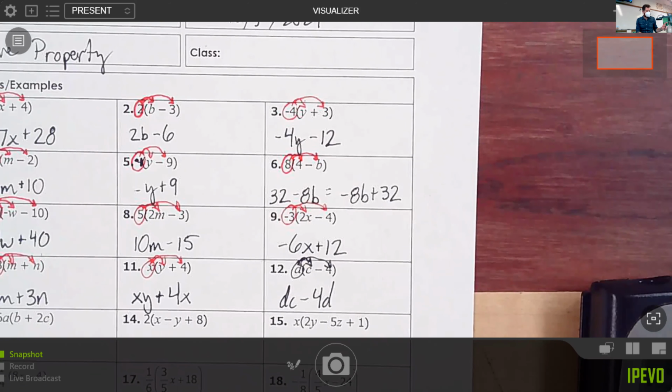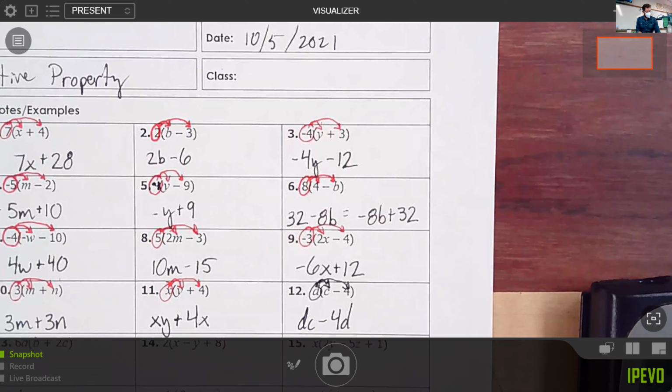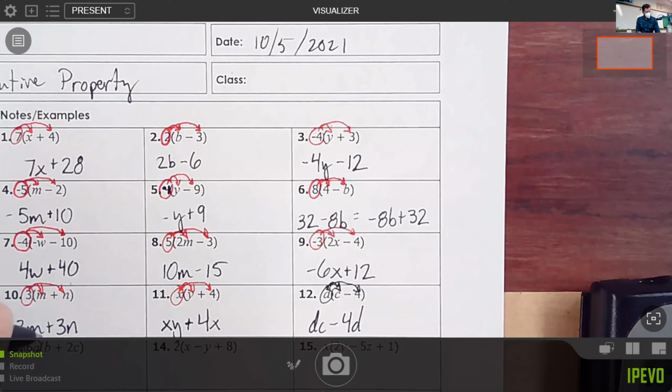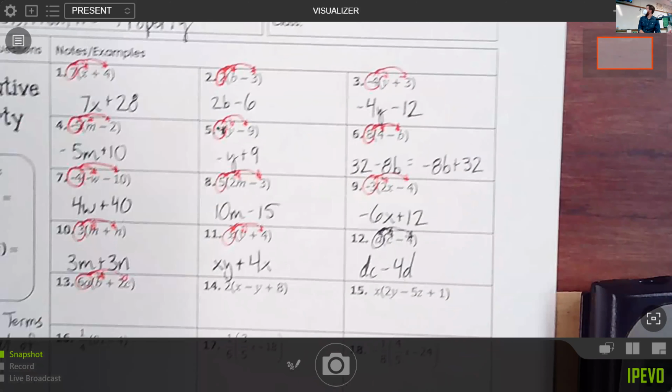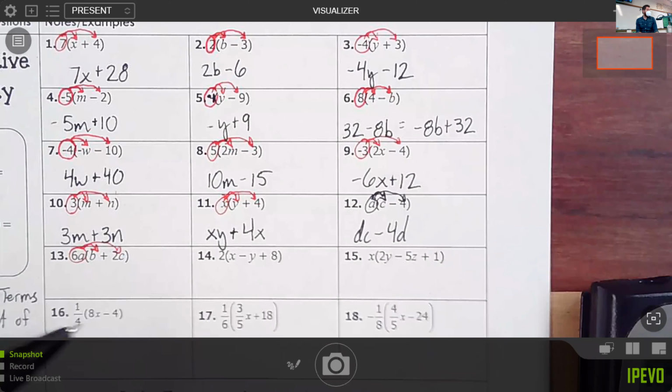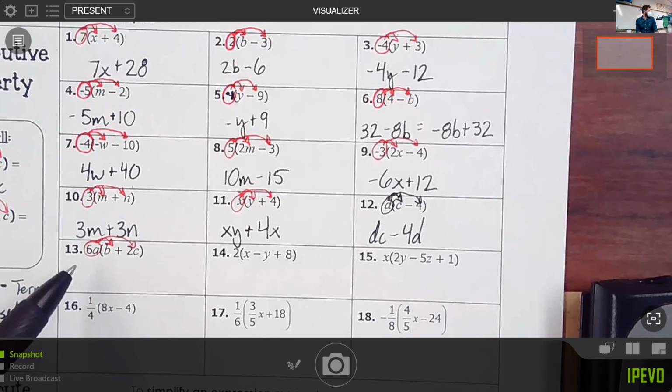Okay, 3 more to go here with calling on some folks. Elle, do you have an answer for number 13? What do you have? 6ab plus 12ac. Nice. So we take our 6a and multiply it by b. Because these are all different in terms of what we're looking at, the 6 stays the same. Here are the notes right here.